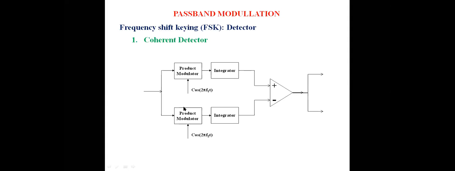The lower coherent detection has the same. The upper product modulator is fed with a local coherent carrier of frequency F1, and the lower product modulator is fed with a carrier having frequency F2.